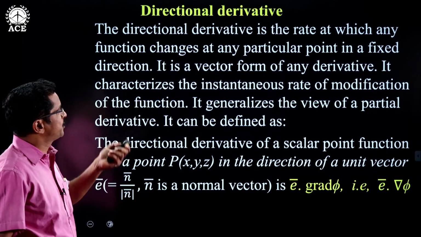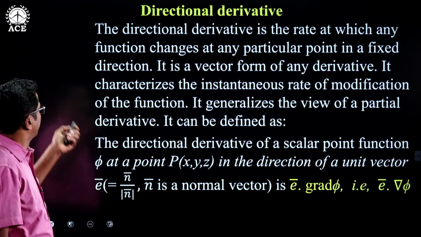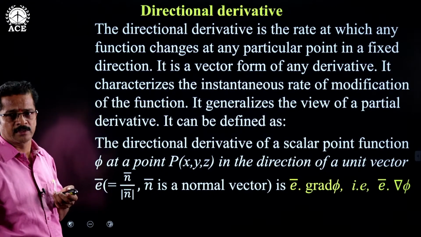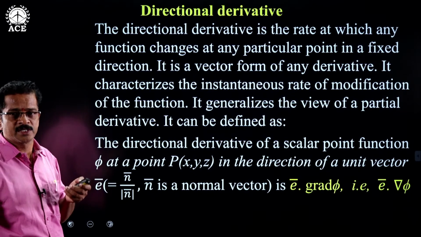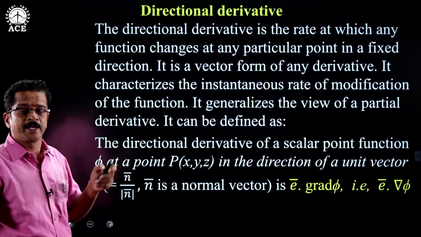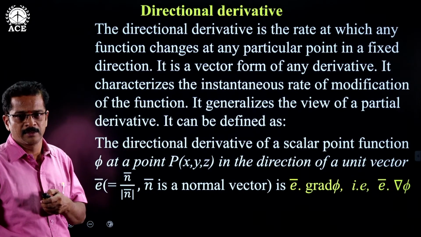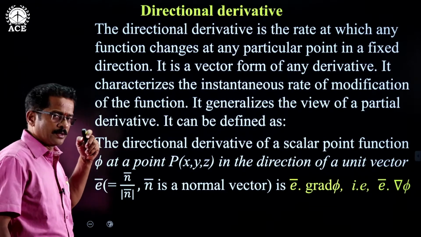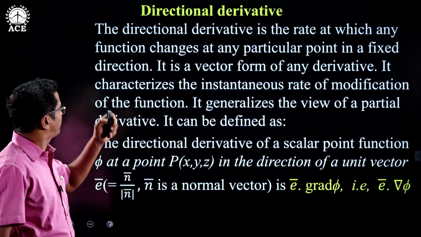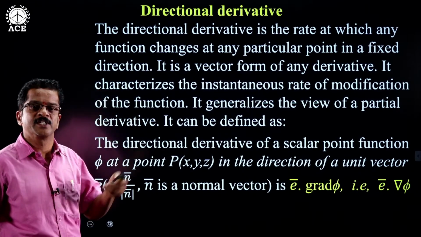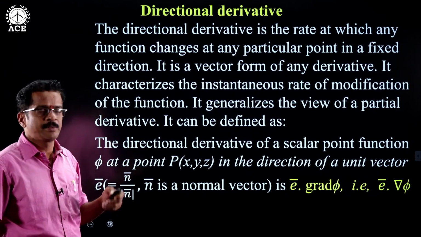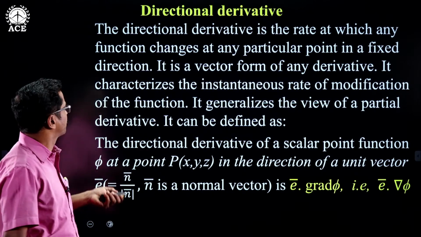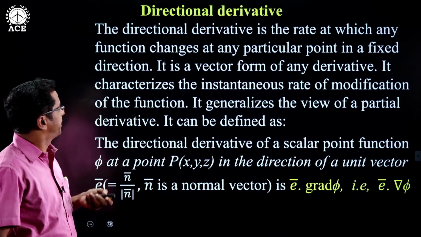The directional derivative is the rate at which any function changes at any point in a fixed direction. The function changes its nature, maybe its structure changes, at a point in a fixed direction. So it is a vector form of a derivative.